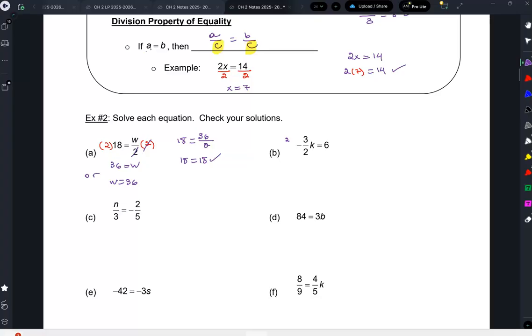Now it's negative 3 times k. I would also have to divide by negative 3. So when you have a number multiplied by a fraction, you have to multiply by the reciprocal. So here too, I need to multiply by the reciprocal.